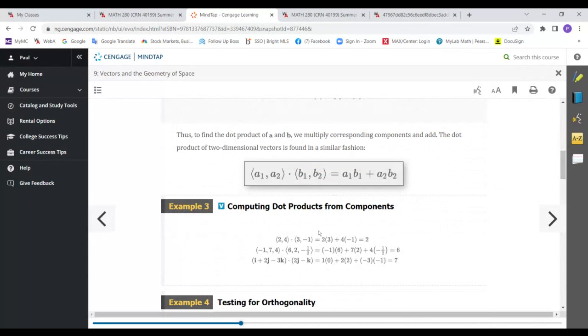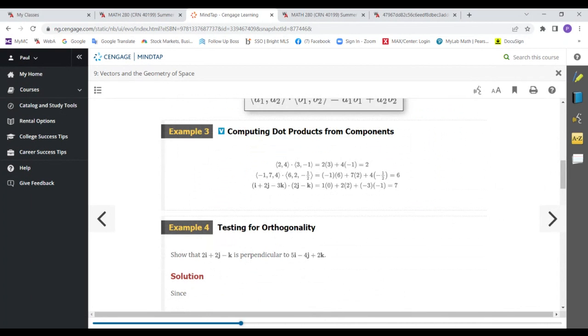There, by the way, is the formula when you're in two-dimensional space. It's no big deal computing dot products. They show that in example 3. If there's anything unusual about those three little examples, let me know.